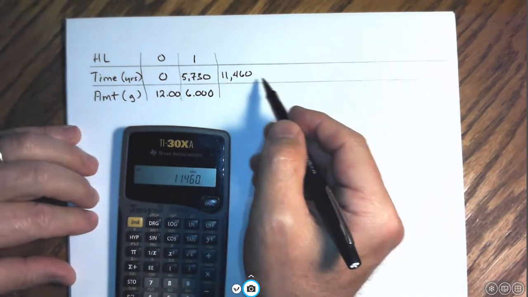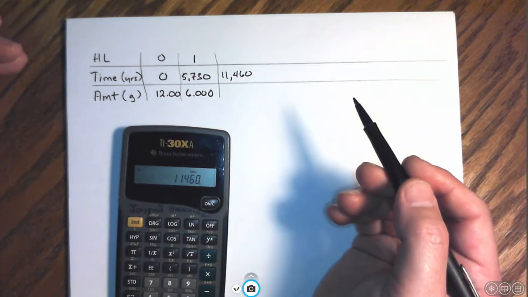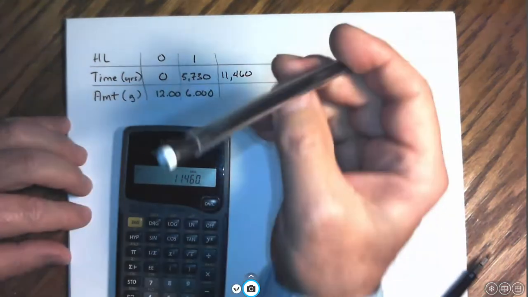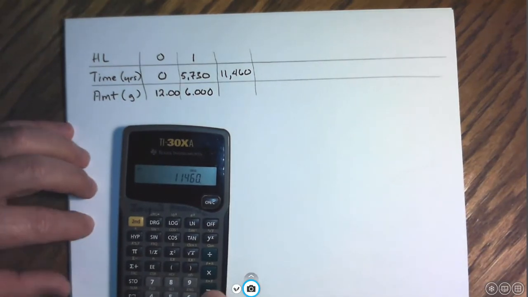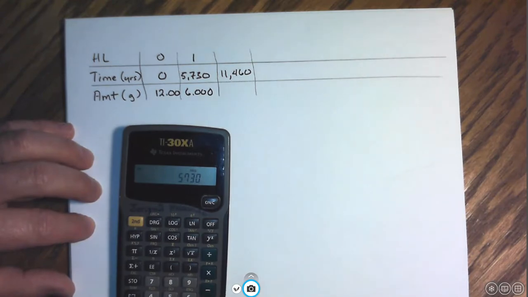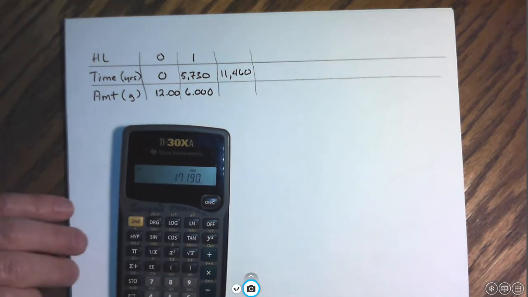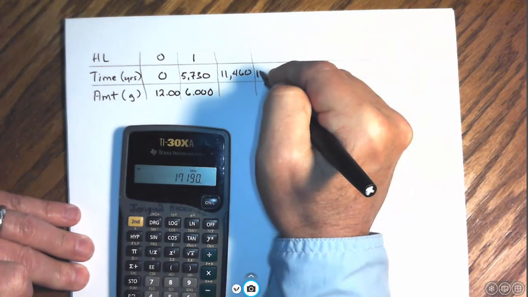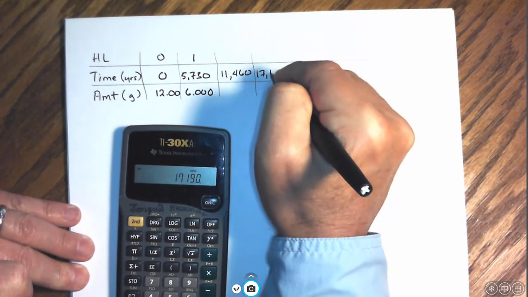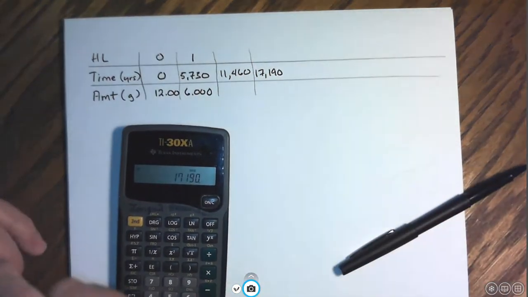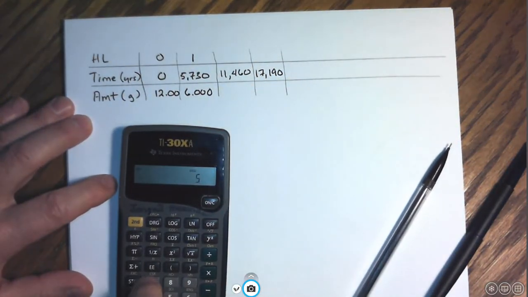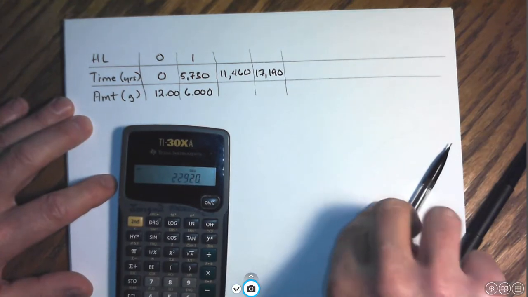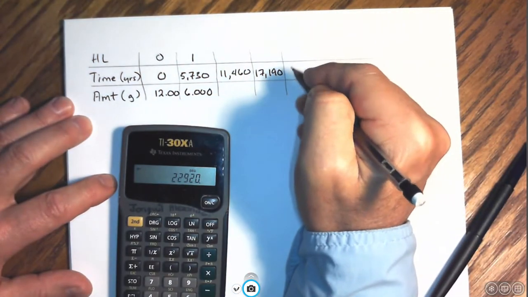Okay? And the question is, how much is left after 34,380 years? So I'm going to go ahead and fill in this row, just because it makes the math easier for me, because I've got it on my calculator here already. So I'm going to take that 11,460 years and add another 5,730 years. And that gives me 17,190 years. I'm going to add 5,730 years to that, and I get 22,920.